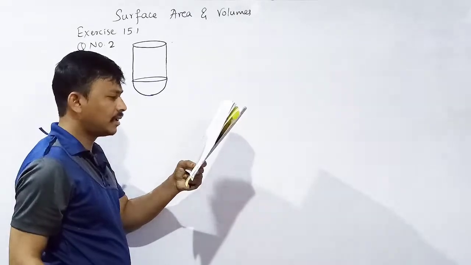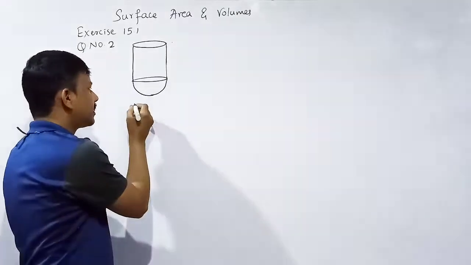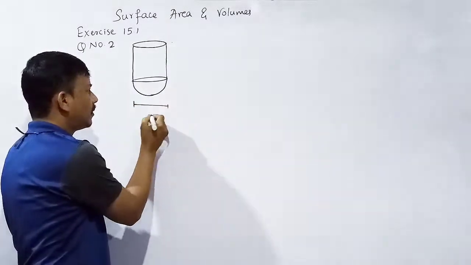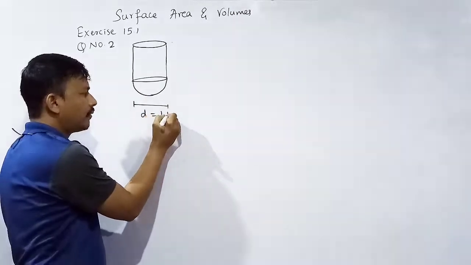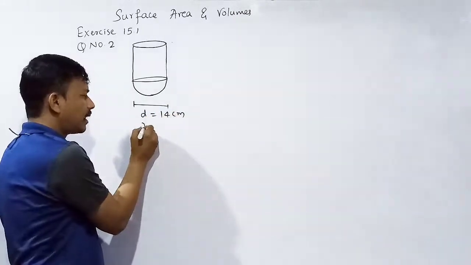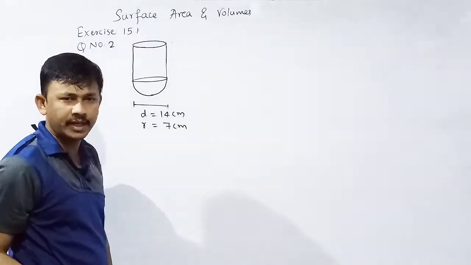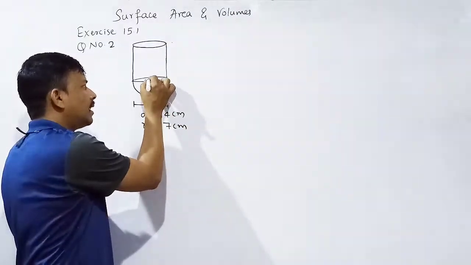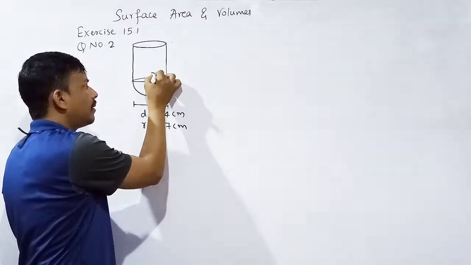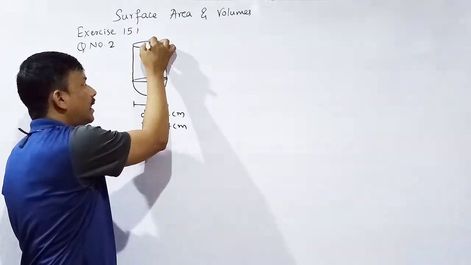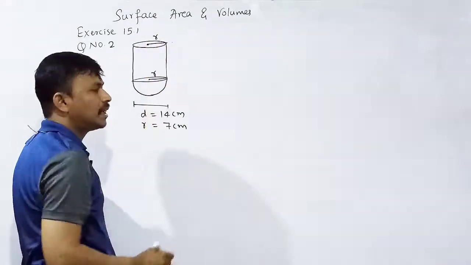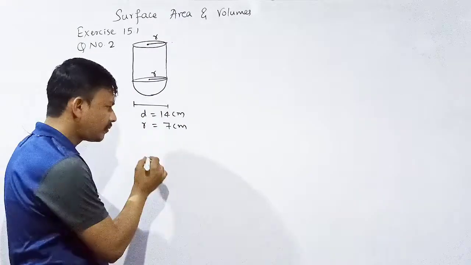What is the total height they have given? They have given the diameter of the hemisphere. What is the diameter of the hemisphere? Diameter d is equal to 14 centimeter, then the radius is equal to 7 centimeter. Half of 14 is 7 centimeter. Here the radius of the hemisphere is equal to the radius of the cylinder. Yes or no?